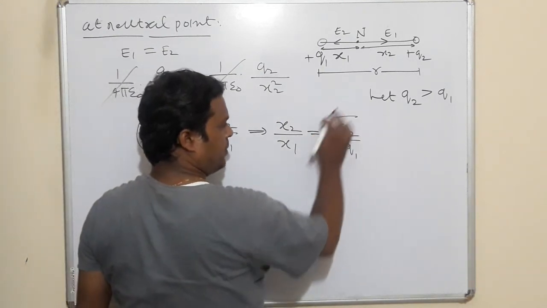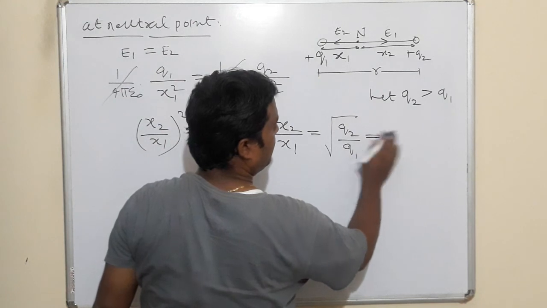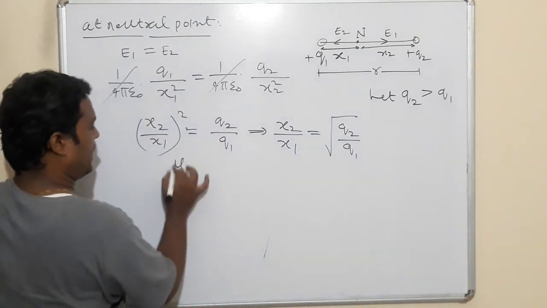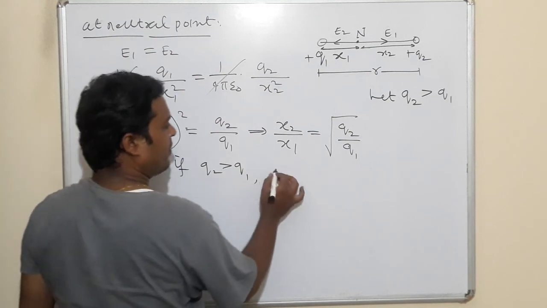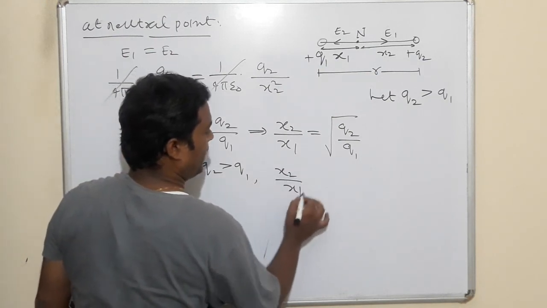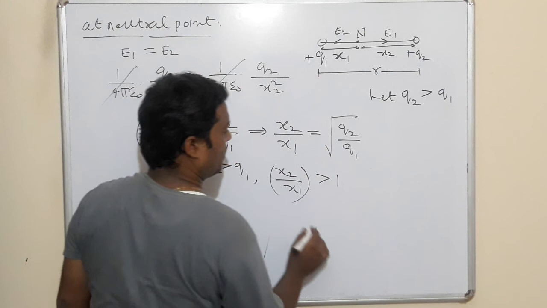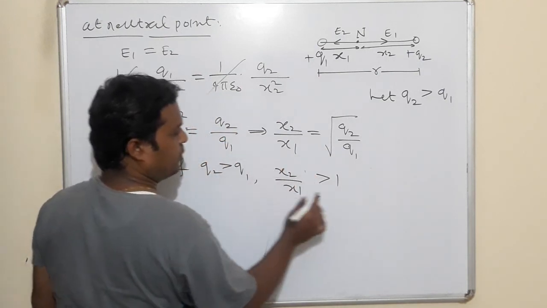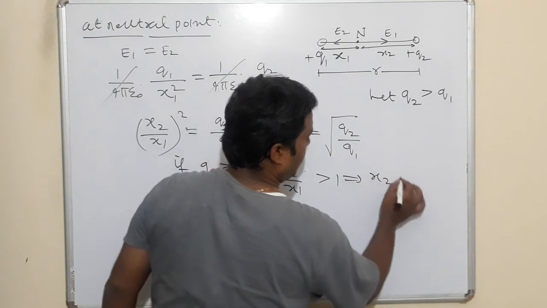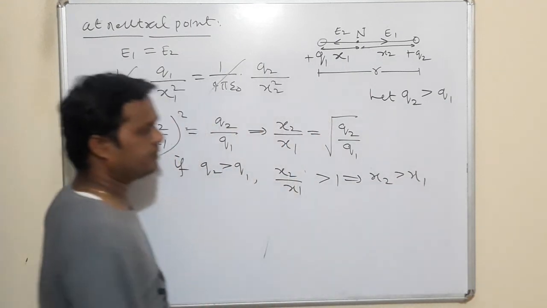If this quantity comes to be more than 1, what I assumed is, if Q2 is more than Q1, then x2 by x1 will be more than 1. x2 by x1 is more than 1 means x2 is more than x1.